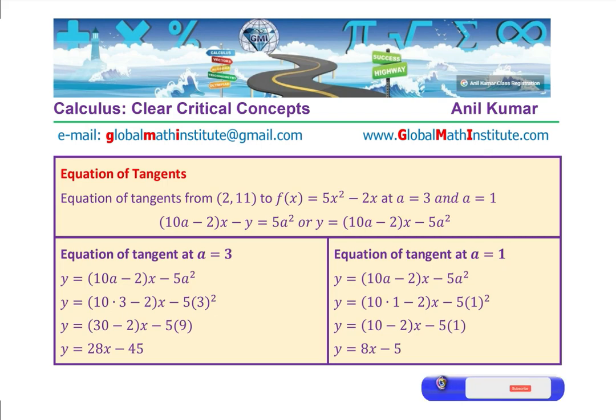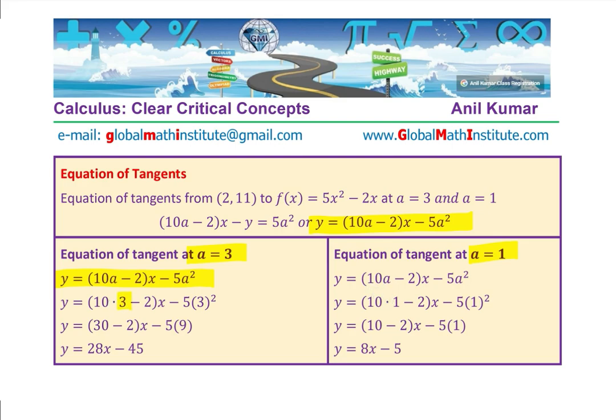Once you have both the points, you can find the equation of tangent. Now what I did here is, since we have done the hard work of finding the points first, we already have the equation of tangent, which is given to you right there, slope of 10a minus 2 and the y-intercept of minus 5a squared. In that equation, which we derived earlier, right, I substituted a as 3 and a as 1, correct?